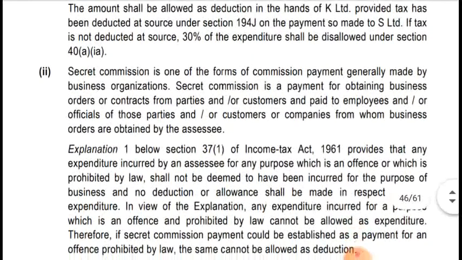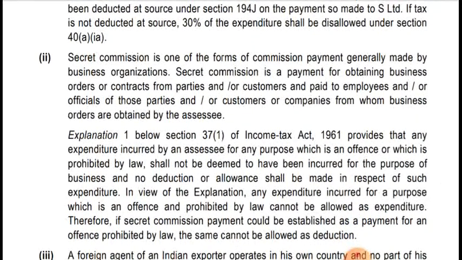Explanation 1 below section 37(1) of the Income Tax Act provides that any expenditure incurred by the assessee for a purpose which is an offence or which is prohibited by law shall not be deemed to have been incurred for the purpose of business, and no deduction or allowance shall be made in respect of such expenditure. As I said, if it is illegal and not as per law, then it will not be allowed as a deduction.